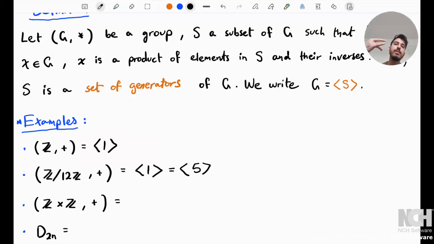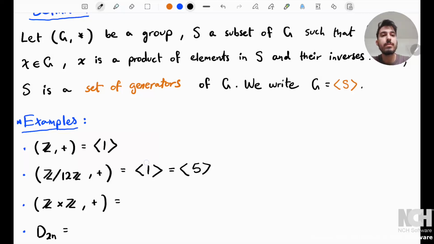So if you add 5 to itself, you will never get back 0 unless you've covered all of the elements of Z mod 12Z. And that you can try as an exercise. Try adding 5 to itself and see what elements you get, and you will see that you will get all of the elements of Z mod 12Z.